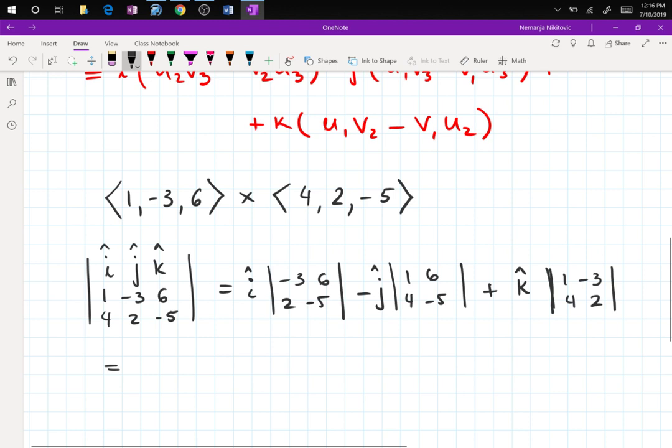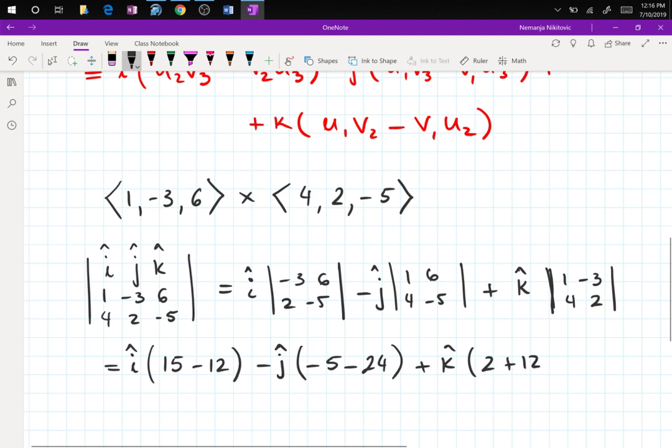The next one is i hat, and now we're computing. Negative 3 times negative 5 is positive 15, minus 12, minus j hat, which is negative 5 minus 6 times 4 is 24, plus k hat of 2 plus 12, because it is 2 minus negative 12, right?